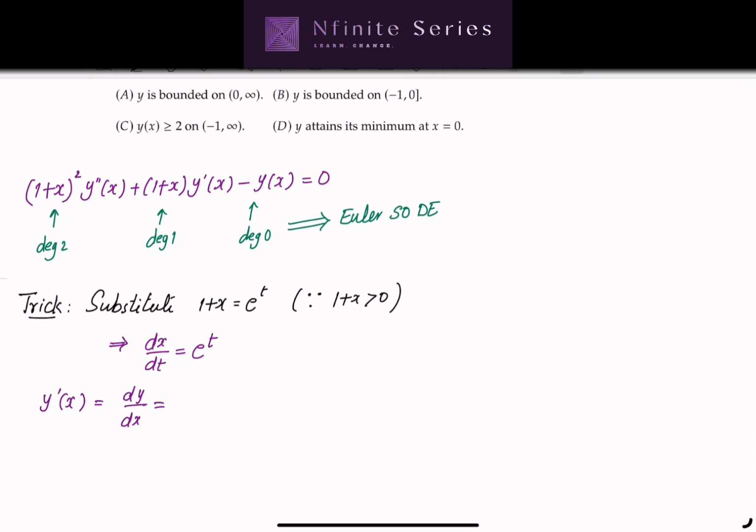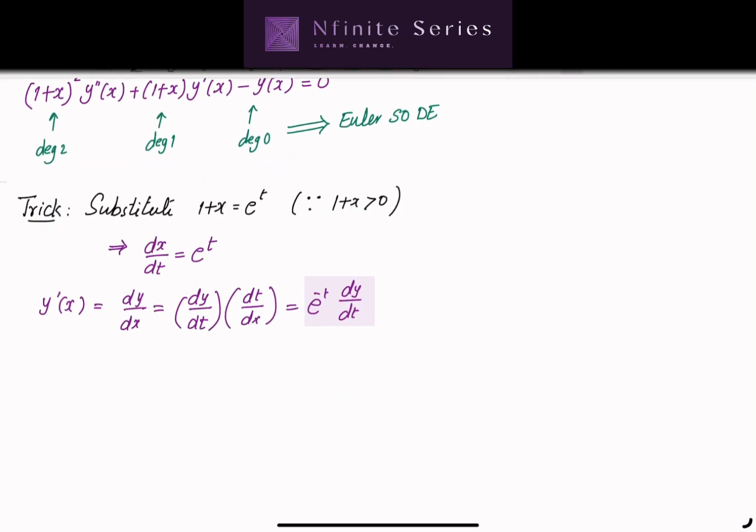Now what we do is apply the chain rule. This is equal to dy by dt times dt by dx. Right. Now dt by dx is the reciprocal of dx by dt, which is e power minus t, and we get y prime x.